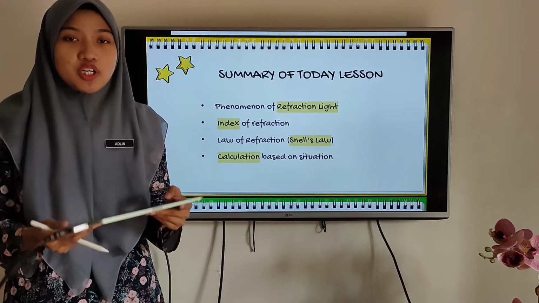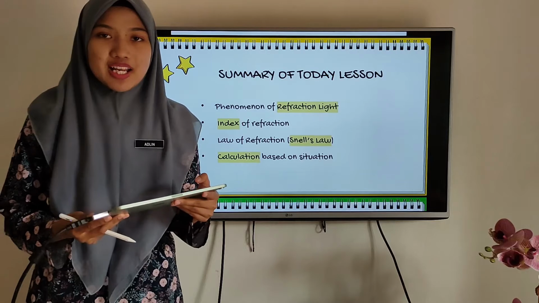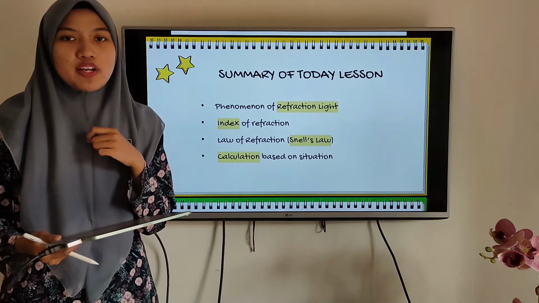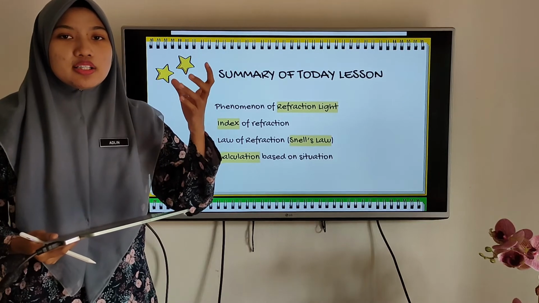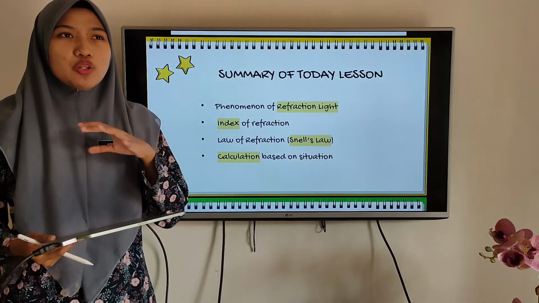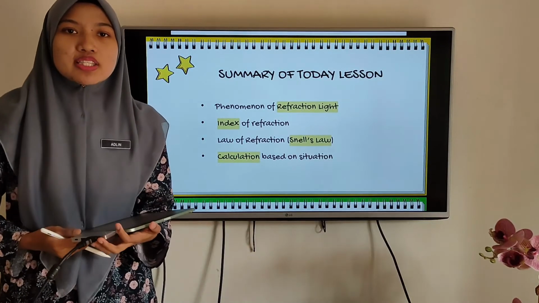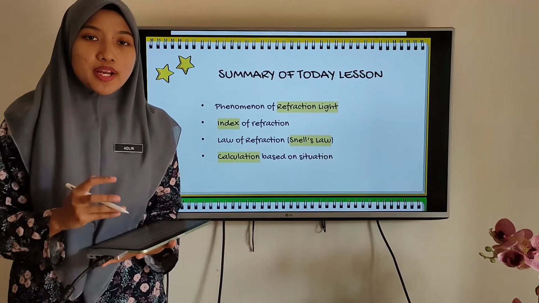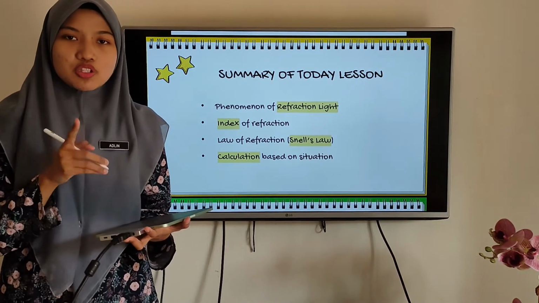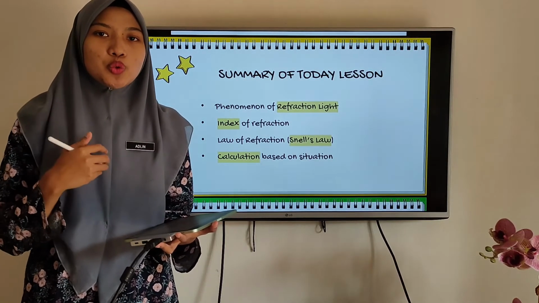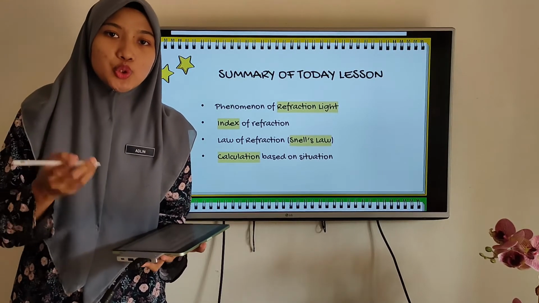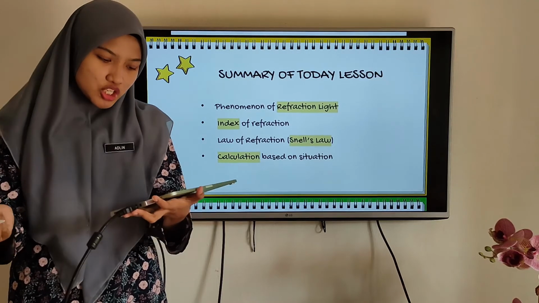I showed you the phenomena of refraction of light, which is the straw not in a straight line in the water, or if you are doing another experiment, you can see that there are many refraction phenomena in this world. So I hope you can read your textbook, because your textbook is very important for you to get ideas and examples to use in your examination.